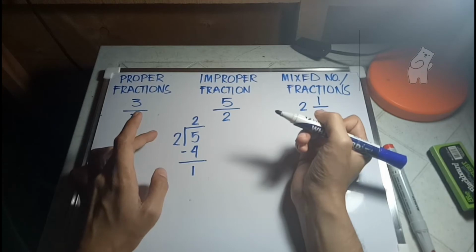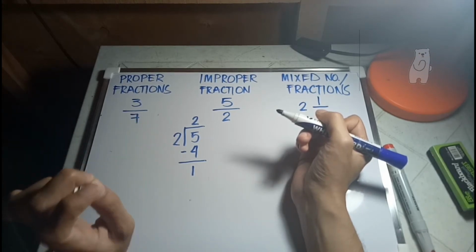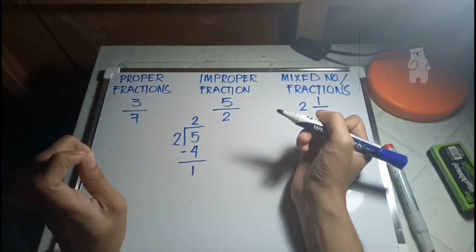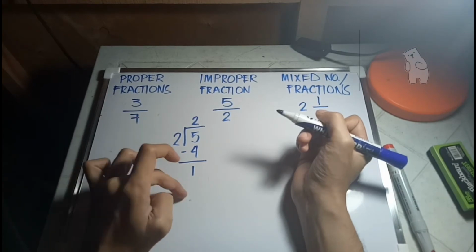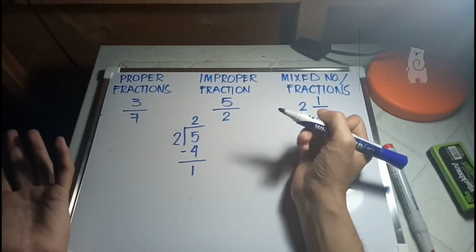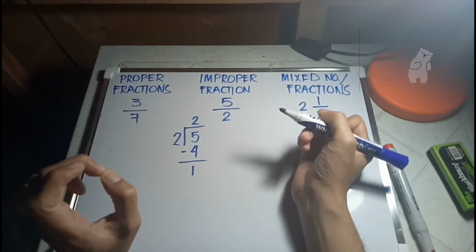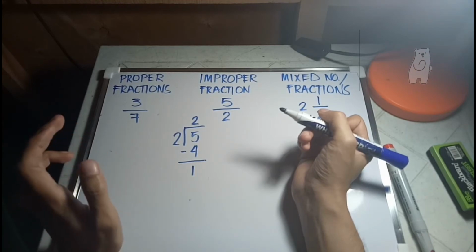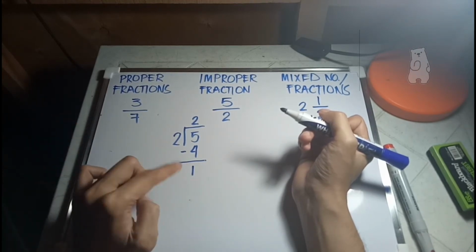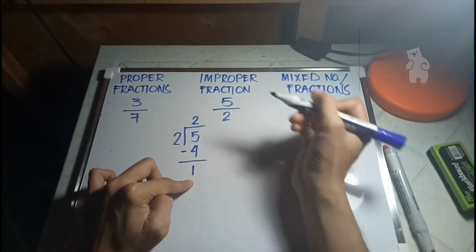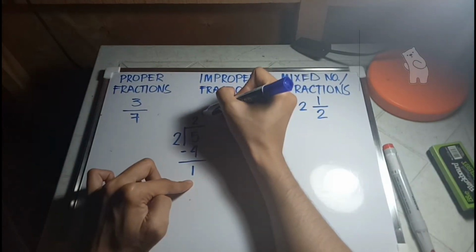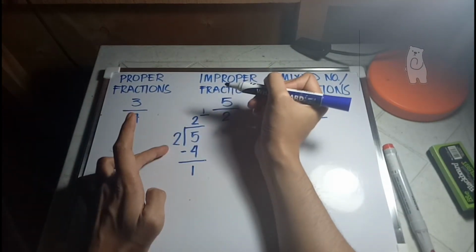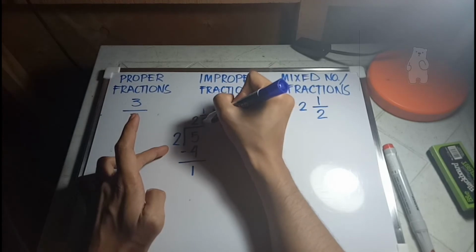So naman, as we all know, hindi po kayang ma-divide yung 2 tsaka 1. Okay? So, usually kung sa simple division, it would be 2 and remainder 1. But in this case, we are talking about fractions. So, yung number 1 ay magiging numerator, while the number 2 will be the denominator.